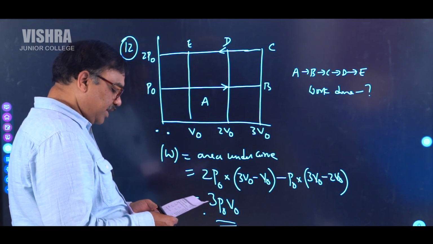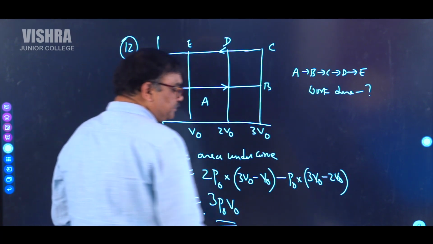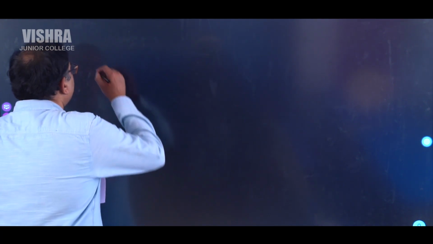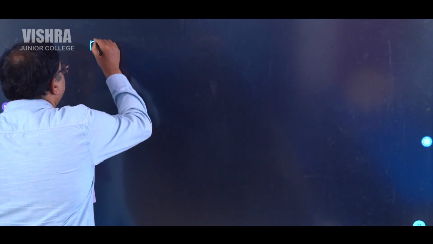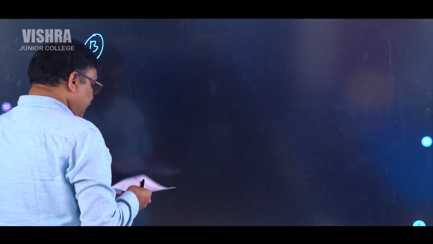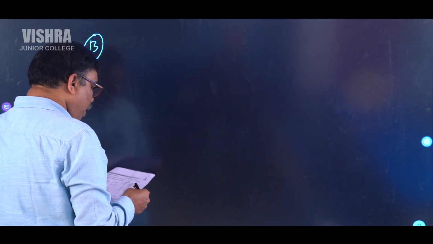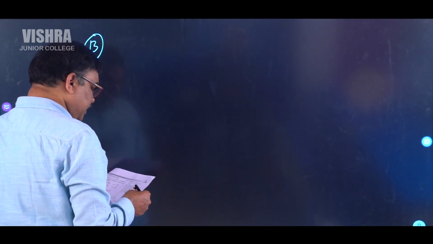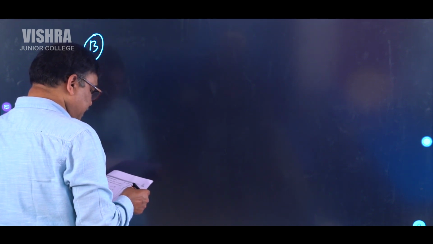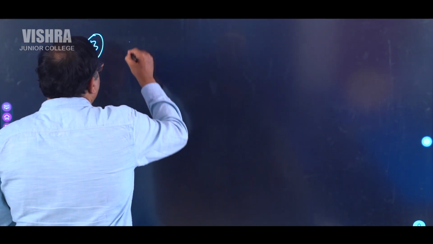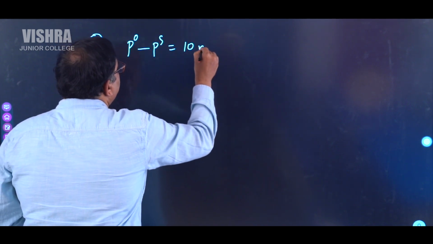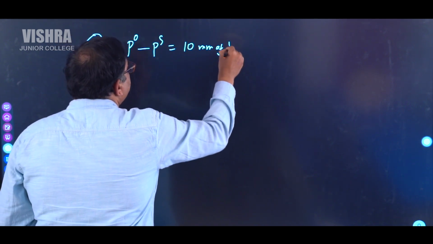So let's go to the next one, 13th question. In question number 13, when a non-volatile solute is added to a volatile solvent, the vapor pressure of solvent decreases by 10 mm. Means P0 minus Ps is equal to 10 mm of Hg.